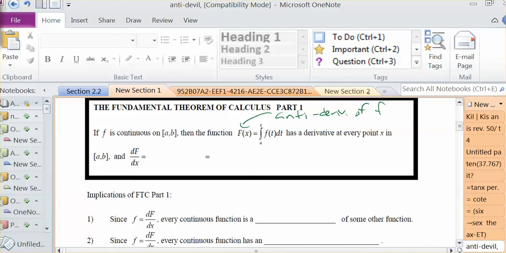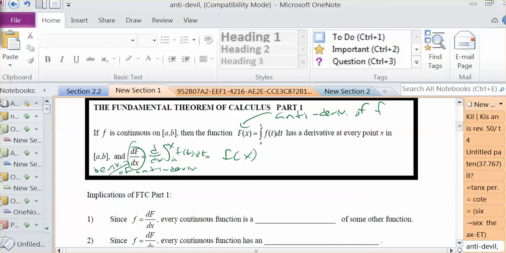So therefore, dF over dx, which is of course the derivative of your antiderivative, or we can write it like this: d dx of the integral from a to x of f of t times dt, is just going to be f of x.